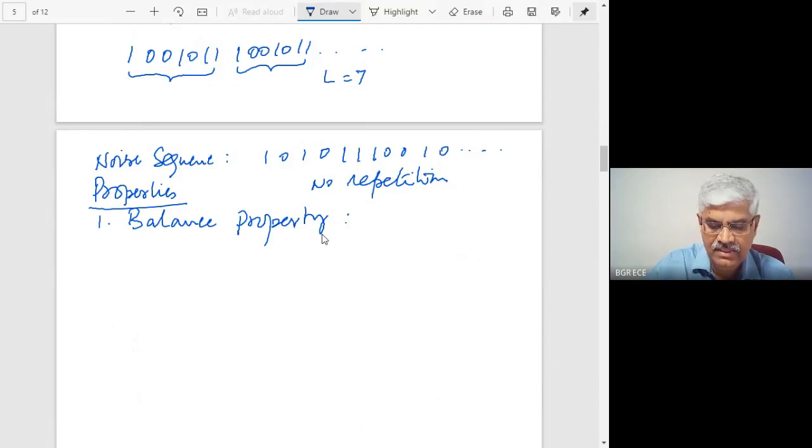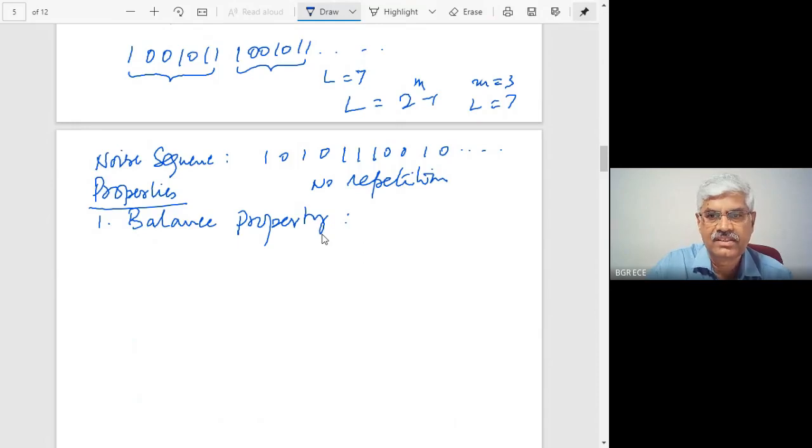Now the length of the sequence can be changed as a power of 2. The length is always 2 to the power m minus 1. For example, in this case, we have selected m equal to 3, therefore L equal to 7. Now if m is 4, then L will be 15. If m is 5, the shift register length is 5, then L will be 31.